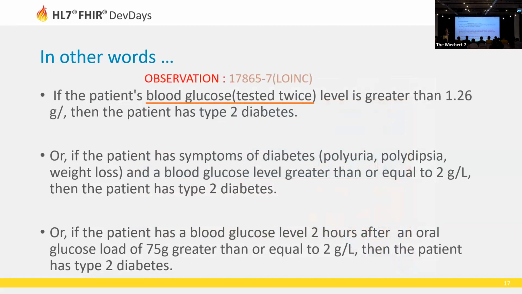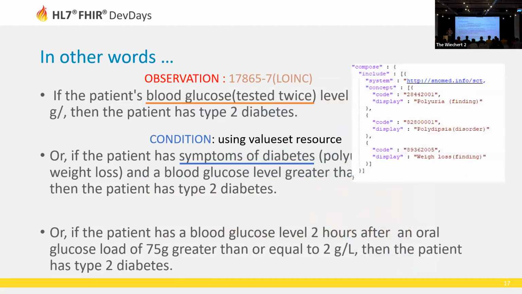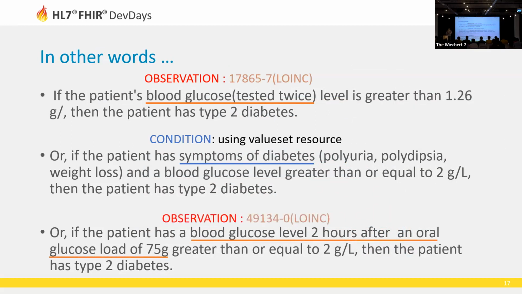For example, the blood glucose level would be an observation with a certain code. Then you would also have the symptoms, which could be a condition with value sets including the different codes for the actual symptoms. And you can also have an observation for the third one.